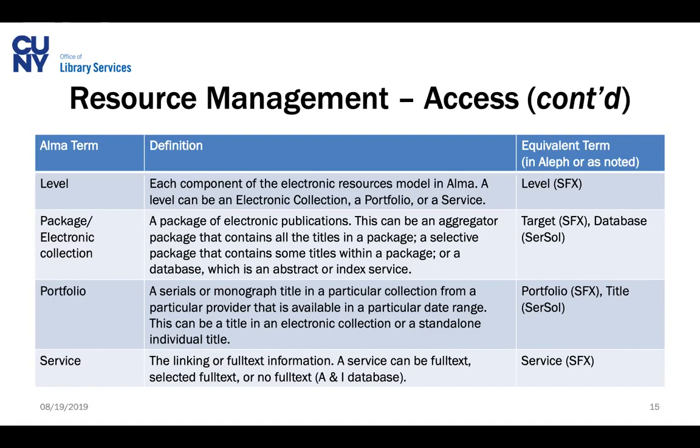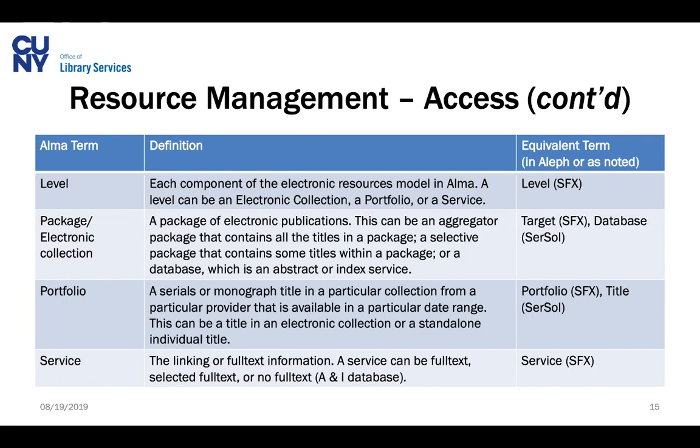To come back to the three new terms, package or electronic collection is a package of electronic publications. This can be an aggregator package that contains all the titles in a package, for example EBSCOhost's Academic Search Complete.